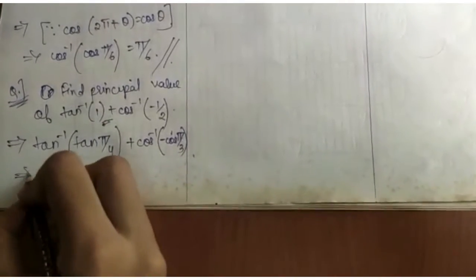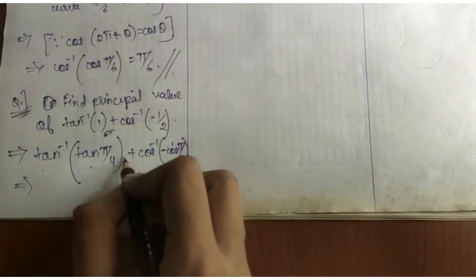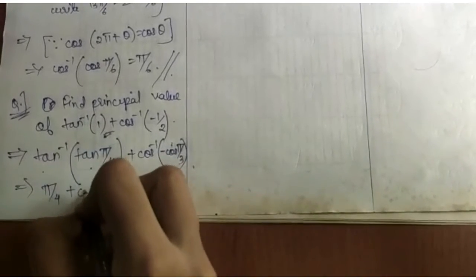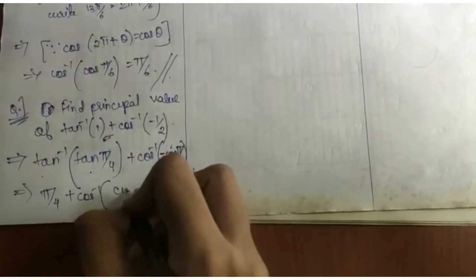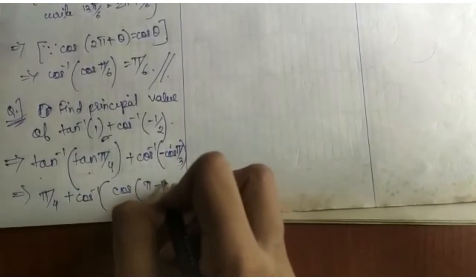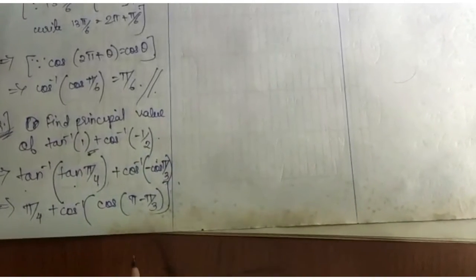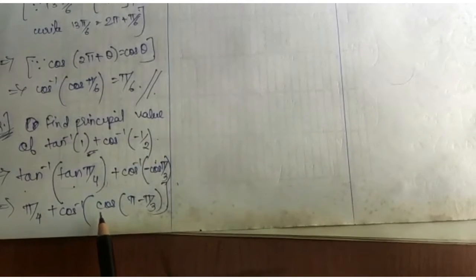So hence, tan inverse of tan theta is equal to theta, where theta here is pi by 4, plus cos inverse of cos of pi minus pi by 3, because we do not want the negative one, as the principal value branch of cos inverse of x is 0 to pi. So we are writing this minus cos theta as cos pi minus theta.